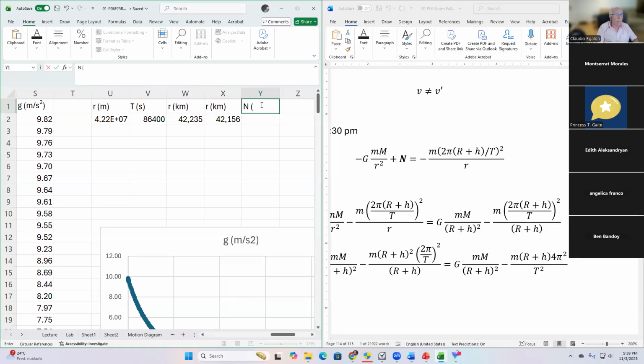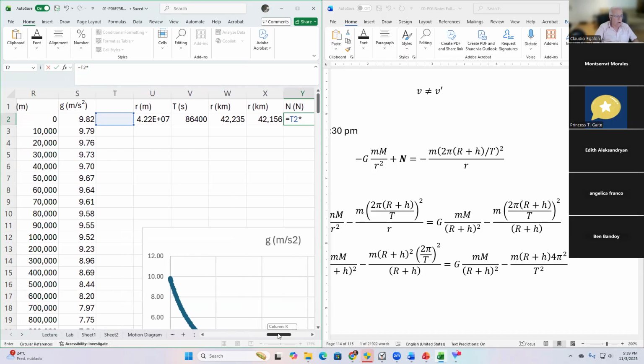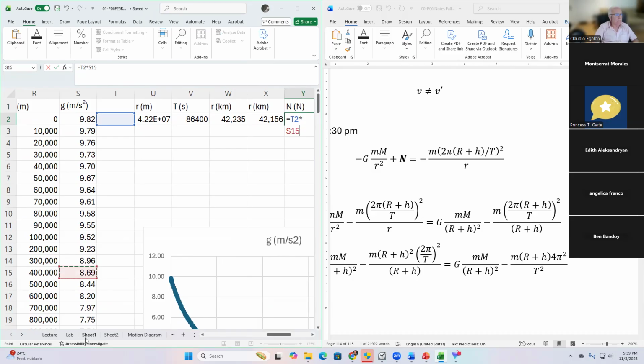Normal, in newtons, is going to be what? Is going to be the mass of our astronaut, that's 80 kilograms, times the acceleration of gravity. What you see right in here is mass times acceleration of gravity at a height of 400 kilometers. That's what it is.